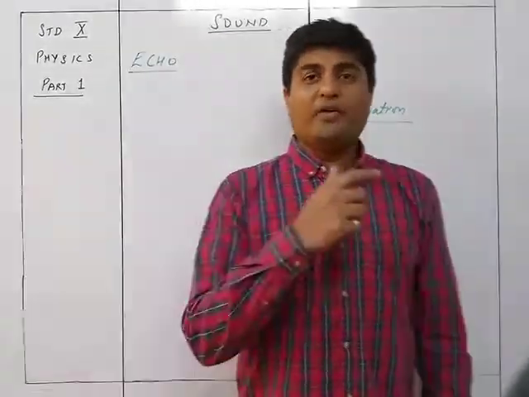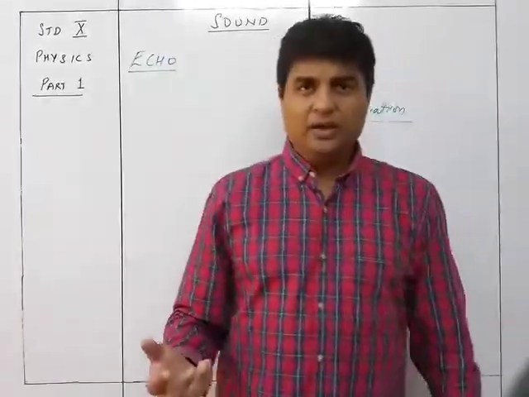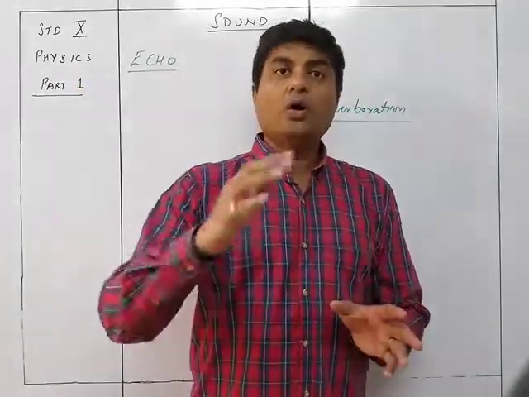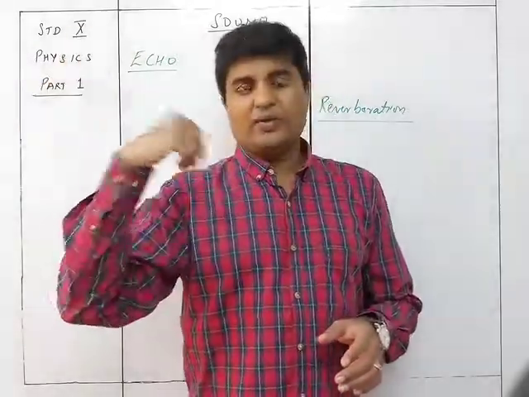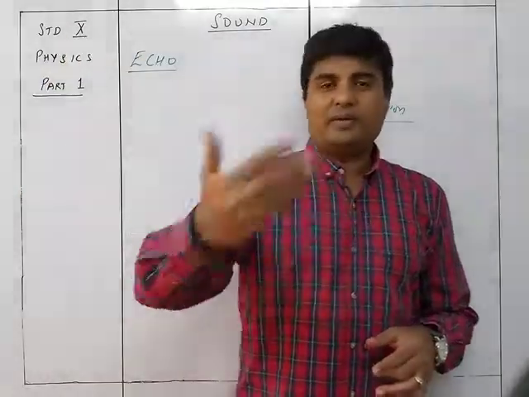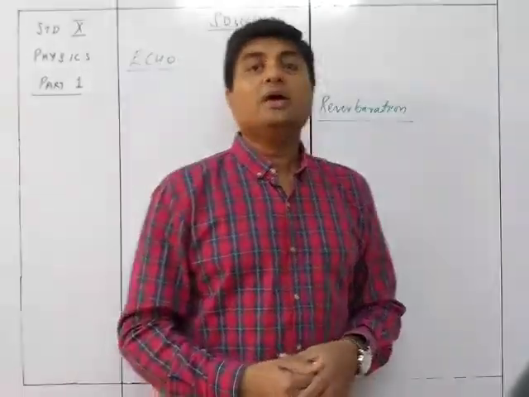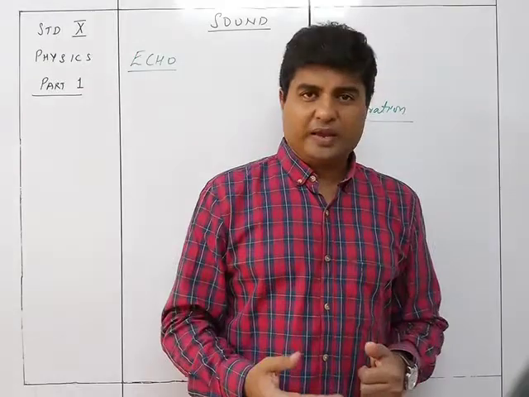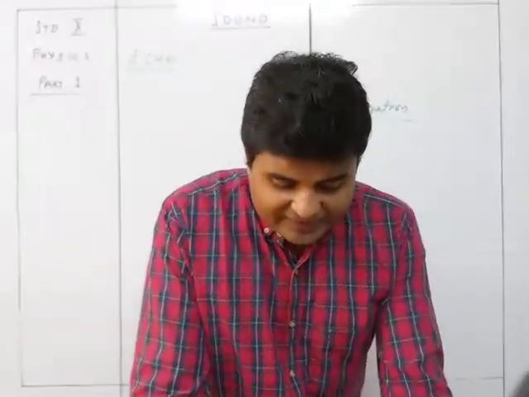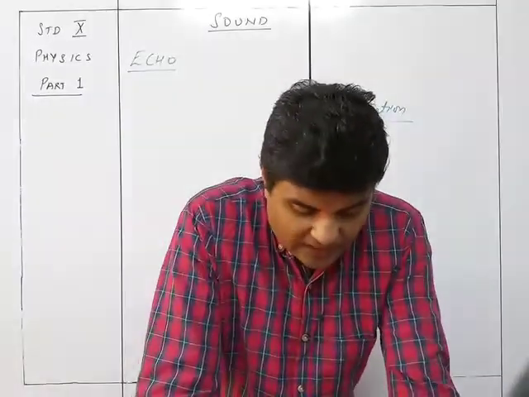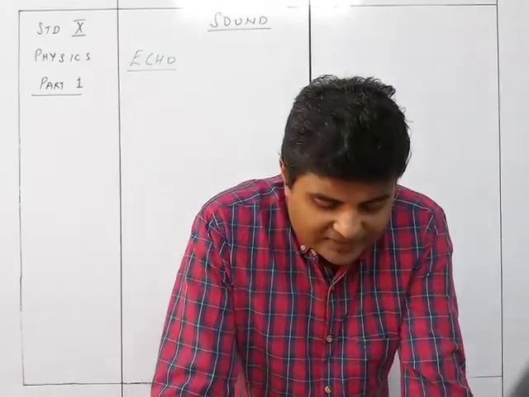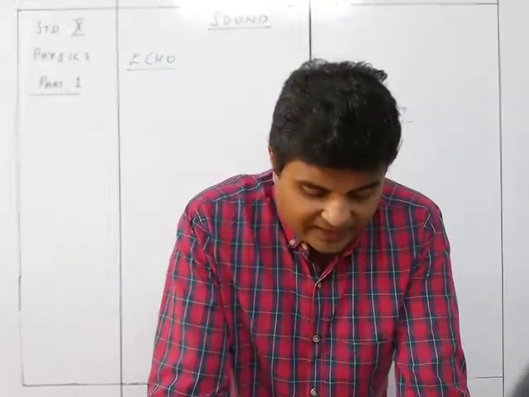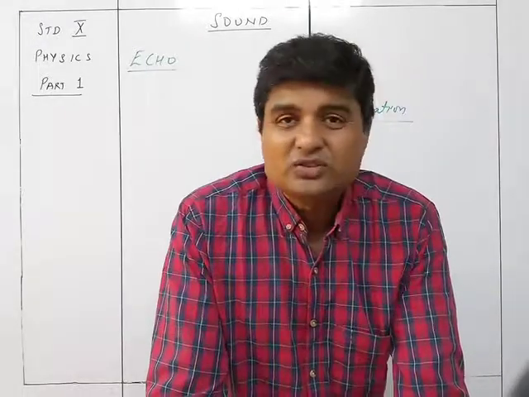I told you about Bhavin being extended. Similarly, if you say ho and then you say ho again, when you get something like a reply coming from there again, this is called an echo. If it is just an extension of whatever you are speaking, it is not an echo. So reflected sound heard along with the original sound is not called an echo. Only the sound heard after the original sound has ceased, distinctly separate from the original sound, is called the echo.